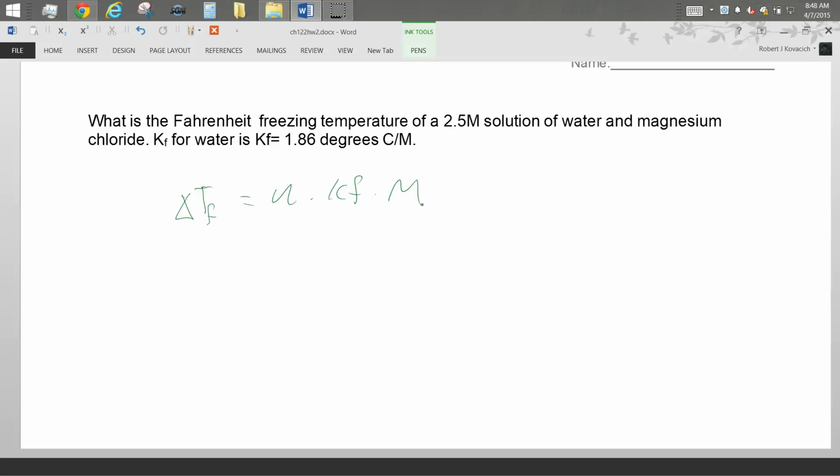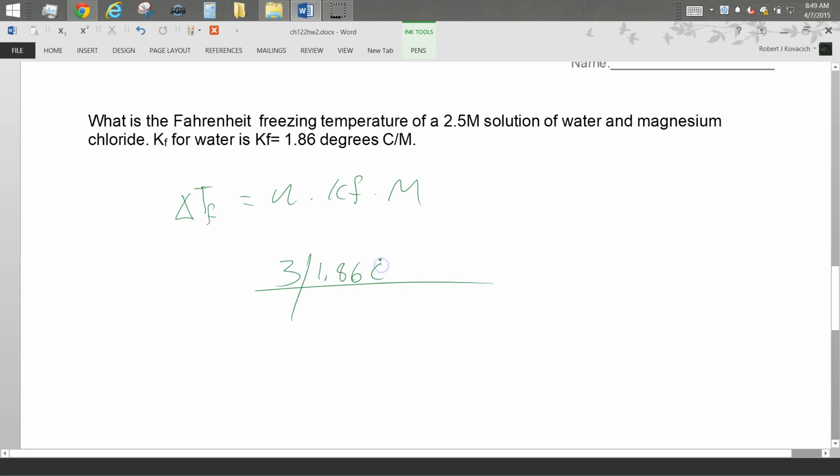Mg plus 2, so Cl, I'm going to need 2 of those to go along with that. So then my N value is going to be 3. And then my Kf was given as 1.86 degrees C per molar. And then I was told that I've got a 2.5 molar solution. So my molar count cancels out. So I get 13.5 degrees Celsius.